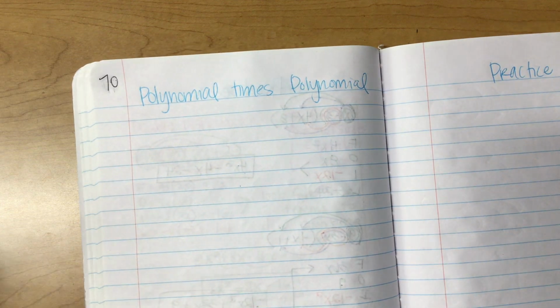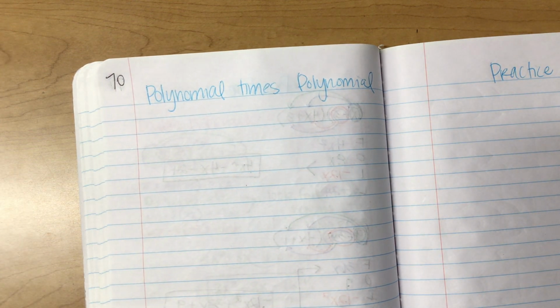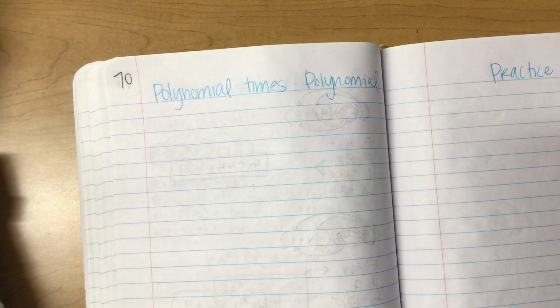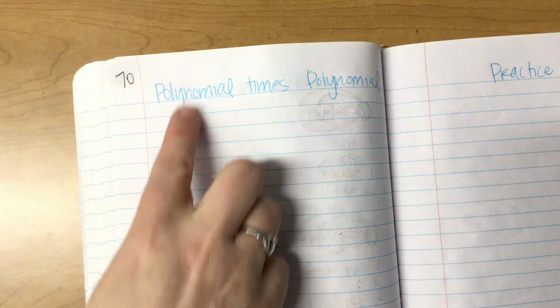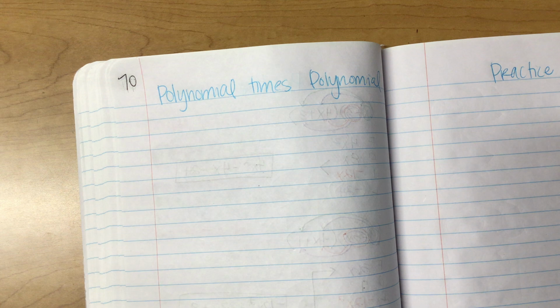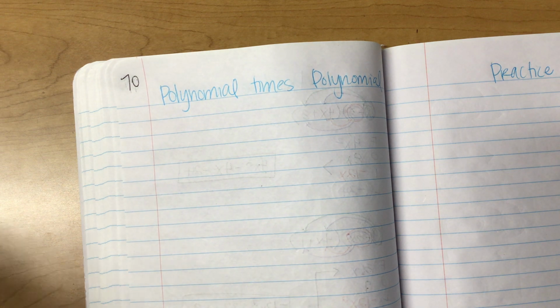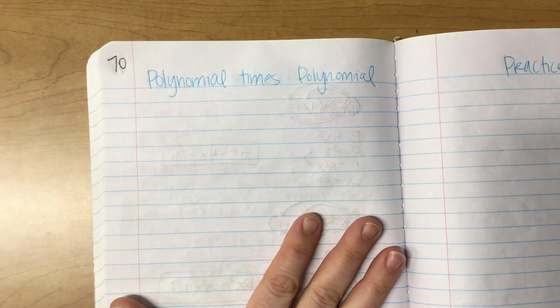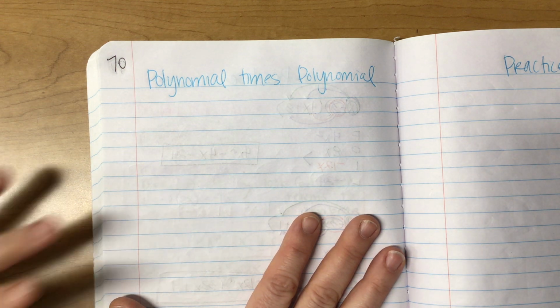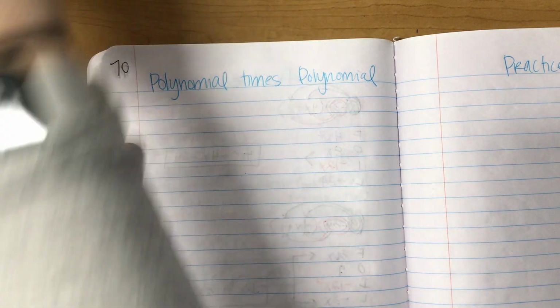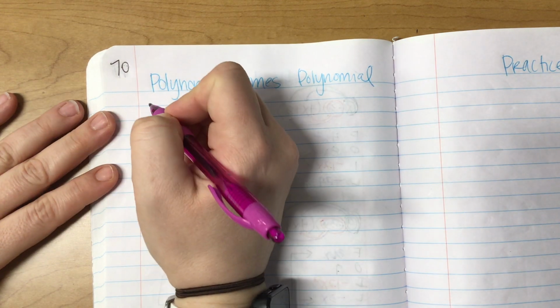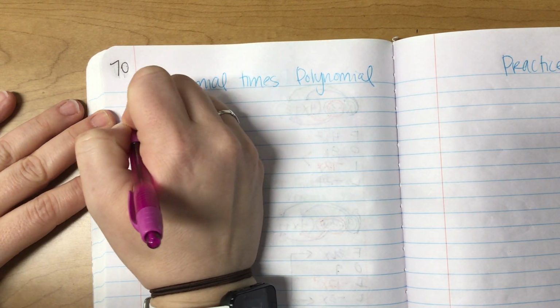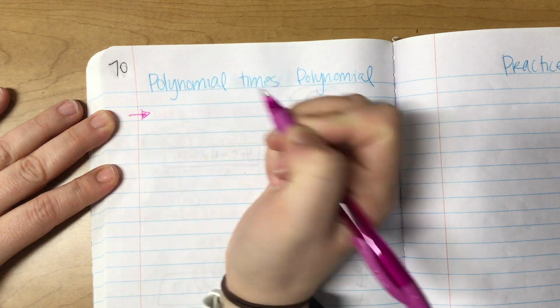So we're going to talk about a few ways to show how to multiply a polynomial times a polynomial. And again, this strategy is really similar to a binomial times a binomial. It just results in a larger amount of multiplying just because there's multiple terms, potentially more than two terms that you are distributing. So we're still working with this idea of distribution.